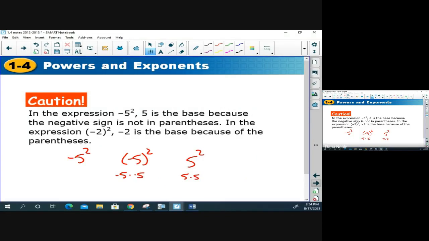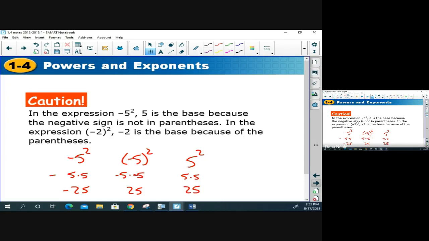And the first one is 5 times 5 with a negative sitting out in front of it. So when you multiply these out, we're going to get a 25, putting the negative in front. Since we have 2 negatives in the second example, we get 25. And in the third example, they're both positive, so we're going to get a 25.